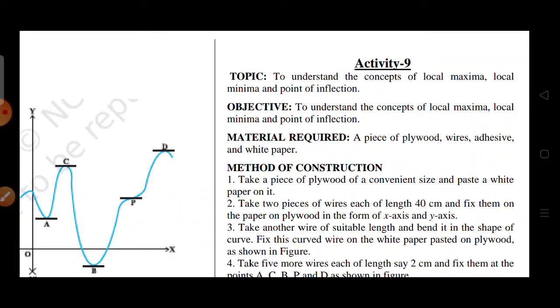Then method of construction. So first of all, we have to take a piece of plywood of a convenient size and paste a white paper on it. Secondly, take two pieces of wires, each of length 40 cm, and fix them on the paper on plywood in the form of x-axis and y-axis.